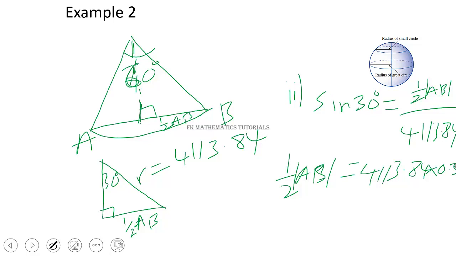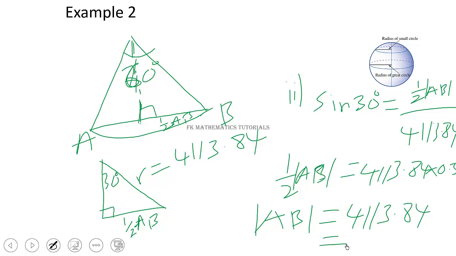So multiply through by 2, that will give us AB equal to 4113.84. So to three significant figures, we get 4110 kilometers.